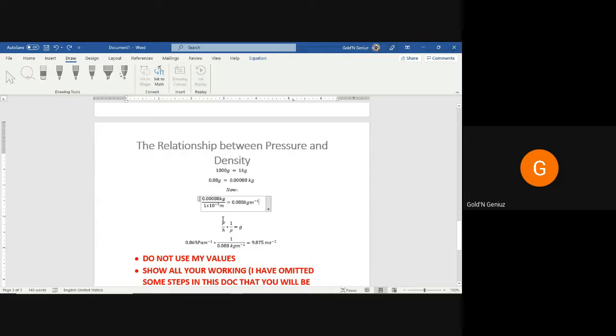All right, I needed to change, so there, that was supposed to be meter cube. All right, so you'll be seeing some corrections here, and I will be sending these corrections to you guys.